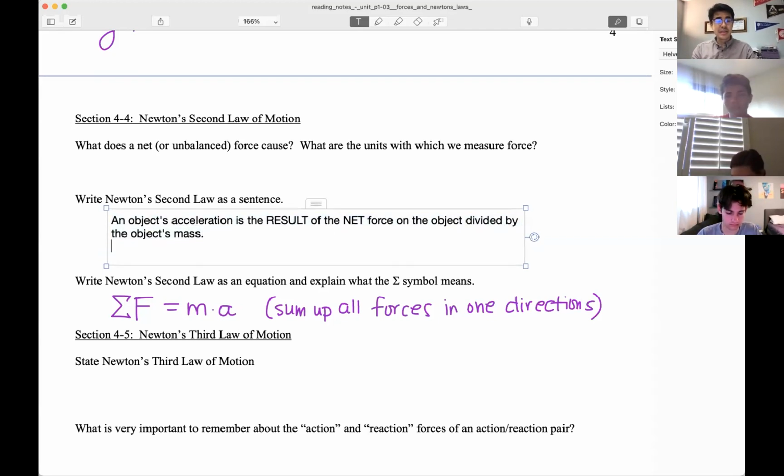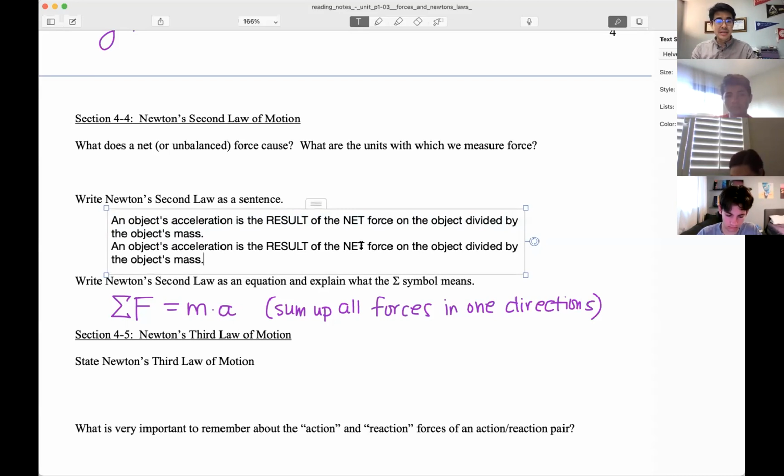Another way we can say it instead of saying divided by is the result of the ratio of the net force to the object's mass. Or we can use ratio or divided by.